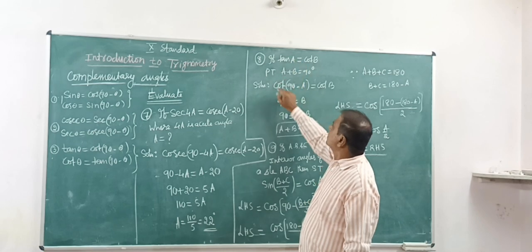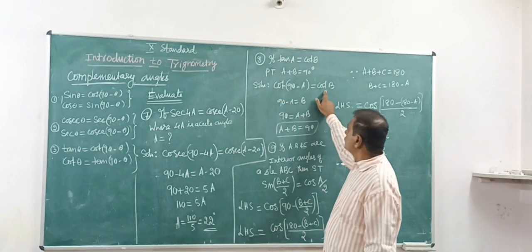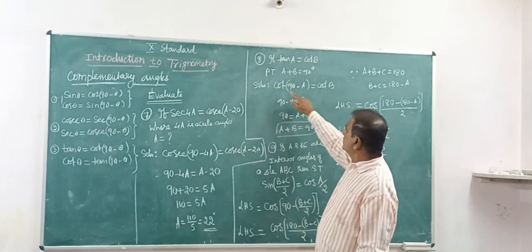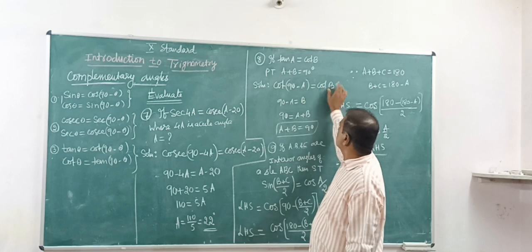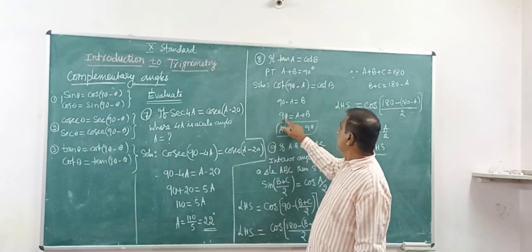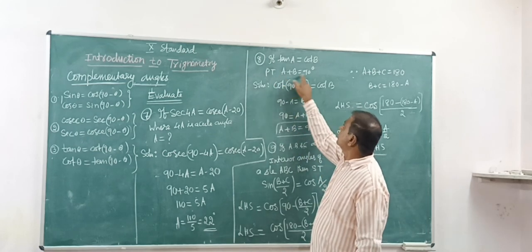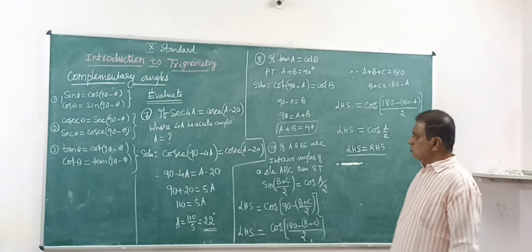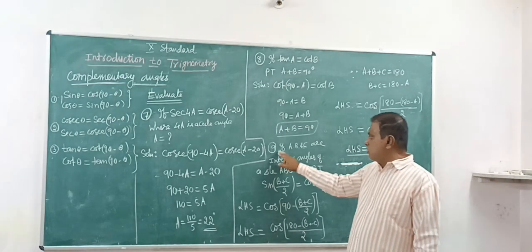Complementary of this is cot of 90 minus A, and the other as it is beside. Look at this equation, cot, cot. Therefore, this must be equal to this. 90 minus A equals B, 90 equals A plus B, or A plus B equals 90 degrees. It is proved.